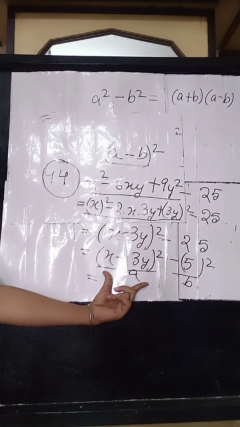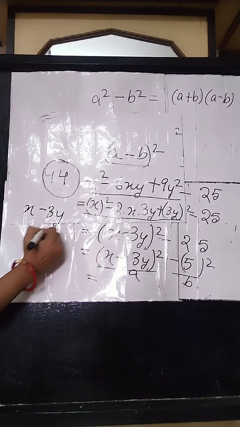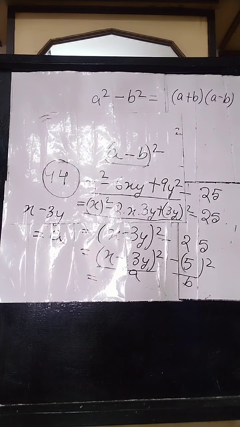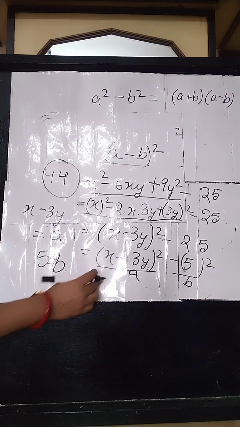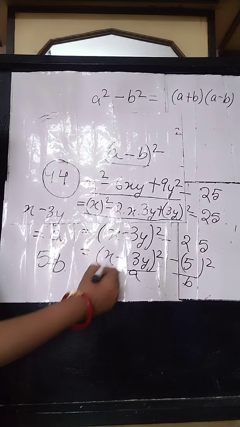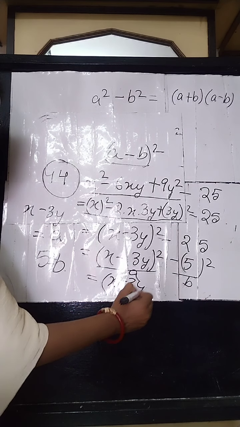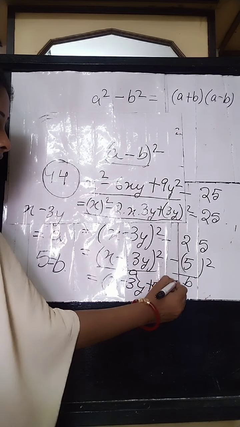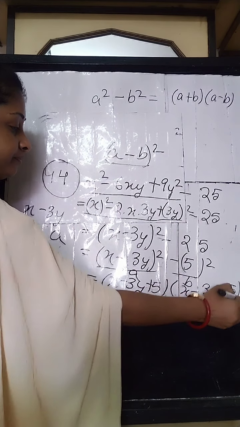Because x minus 3y we will assume as a, and 5 we will assume as b. So a square minus b square is equal to a plus b and a minus b. So x minus 3y plus 5 and x minus 3y minus 5.